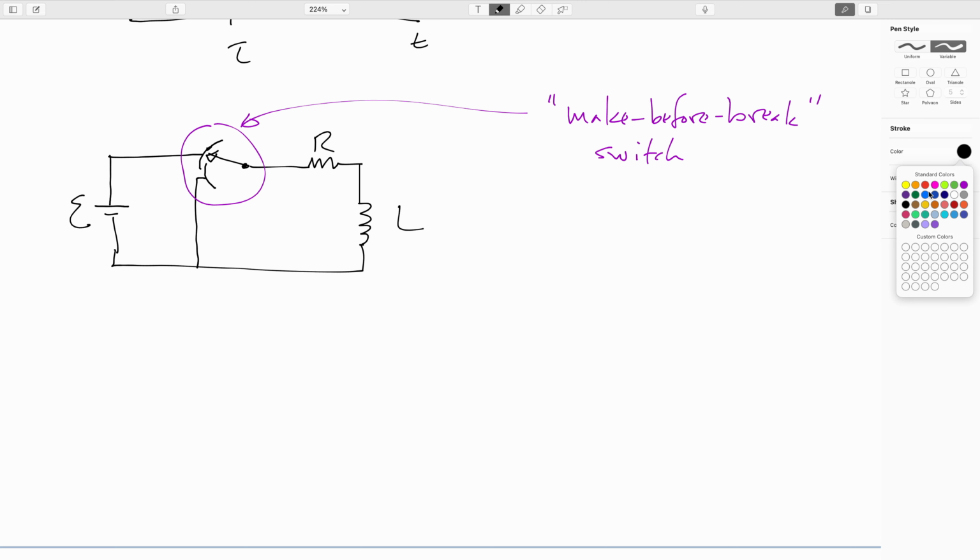When we go ahead and throw this switch at time 0 to the other position, we need to first make this connection here before we break that connection there. So I want you to think about why that would be so important that we do that in this case. Pause the video, come up with your thoughts on that, and then get back with me.